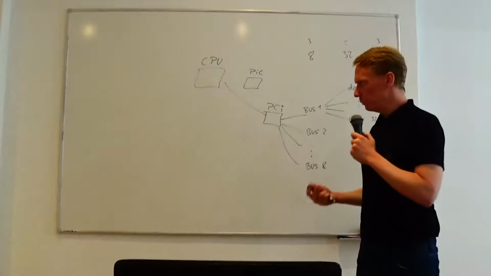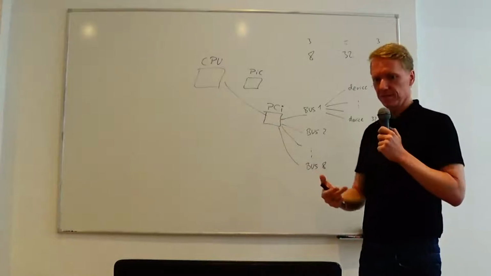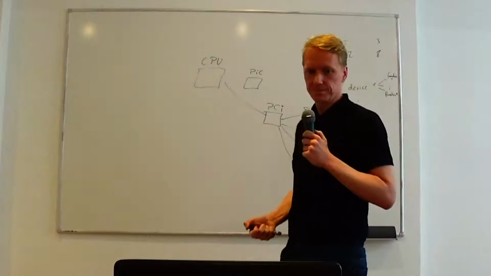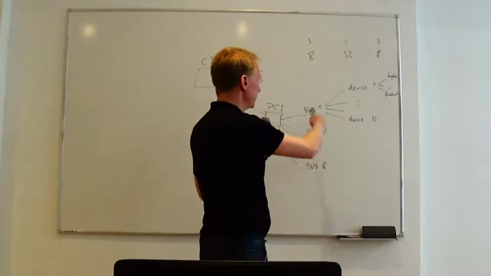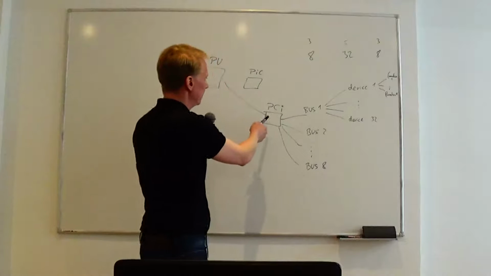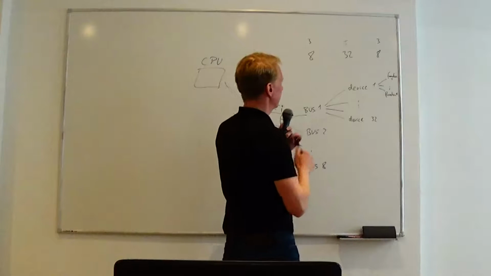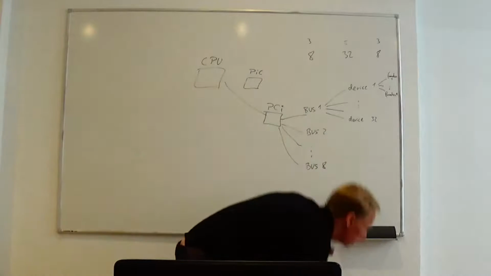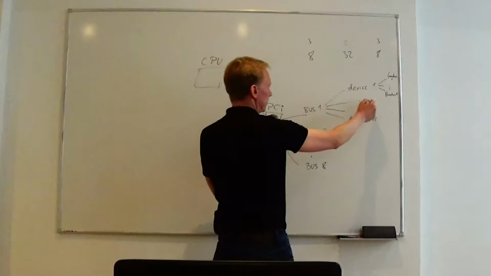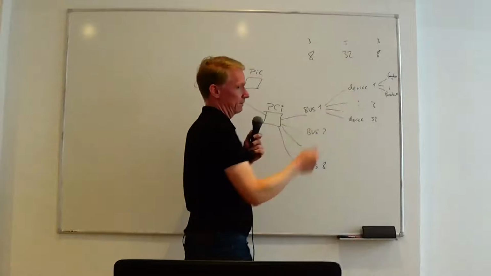Okay, so I would say let's start with the enumeration of these devices. So we will talk to the PCI controller and ask it, well, what is device number 3 on bus 1, for example?